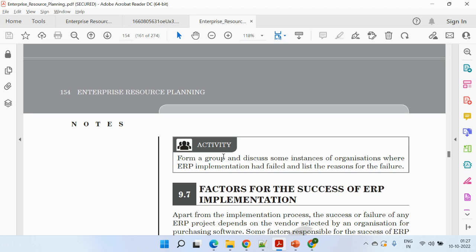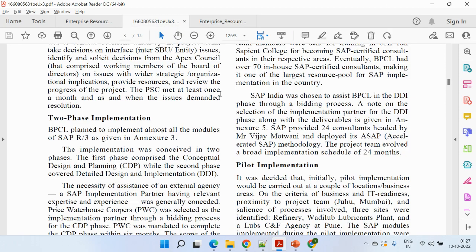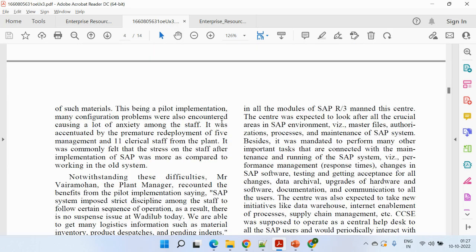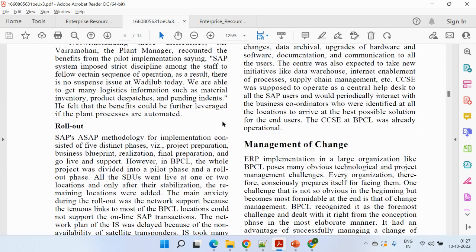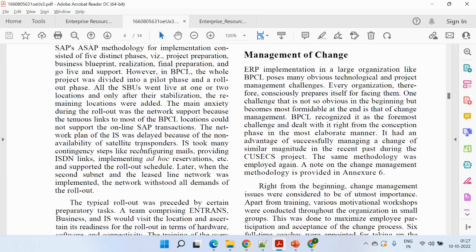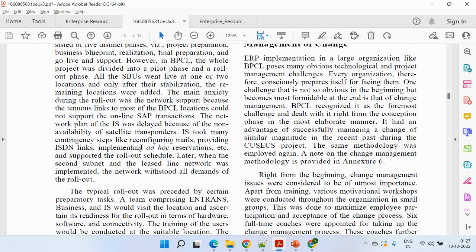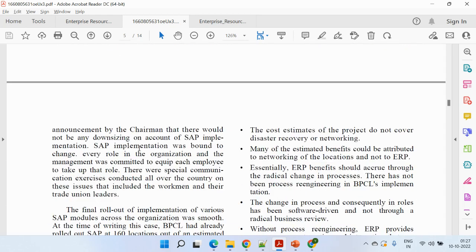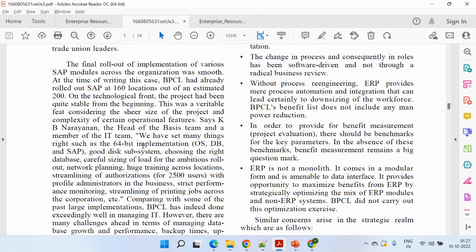So we need to write this, and if you refer to that particular PDF file which is provided, there are many things provided, like after implementing, pre-implementing, rollout process. Lots of things are mentioned showing that it was beneficial to implement that particular solution, which you need to refer to.